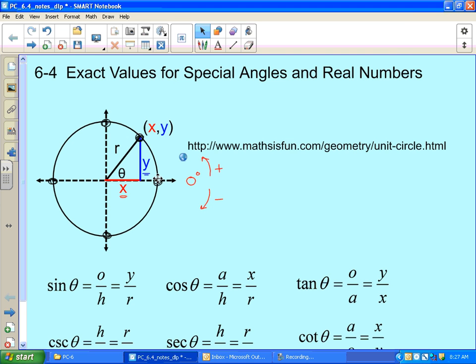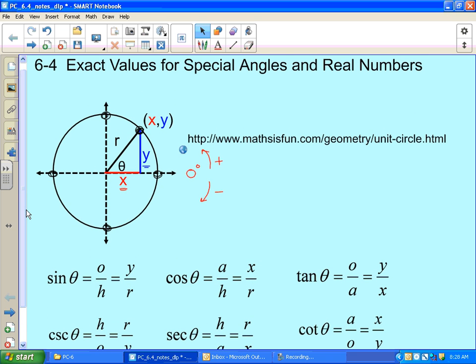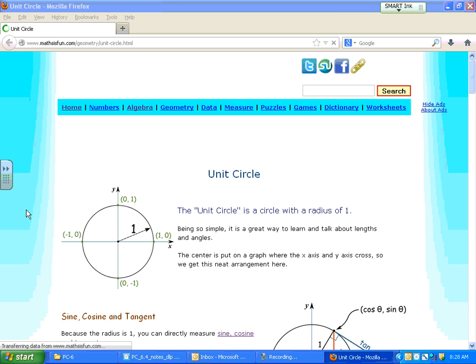We've already talked about how the sine of that theta angle would be y over r, cosine would be x over r, and tan would be y over x, and all of the reciprocal functions would result from that. Let's get a little visual of this triangle that's created.